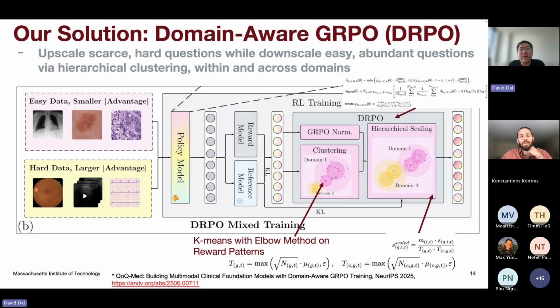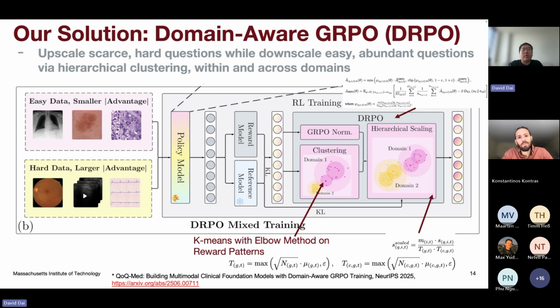Yeah, I think the idea behind the clustering is that we want to form a pattern. We want to learn from the pattern that the model gets based on the reward patterns. The model spans different modalities, so that's one way to cluster the questions together and optimize them collectively.